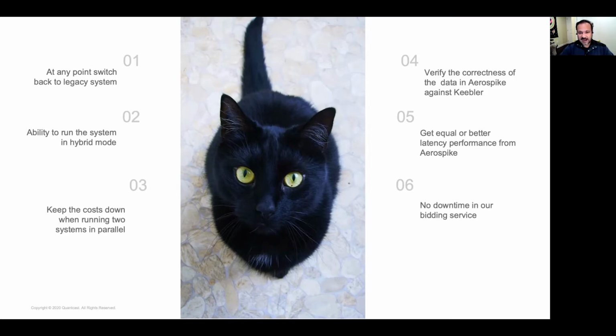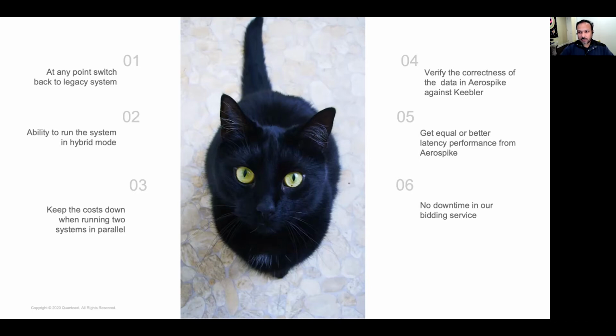So what it means is that the clients could connect to either Aerospike or to Keebler and get back a consistent response. We wanted to keep the cost of running these two systems in parallel as small as possible. Correctness of data was very important to us.